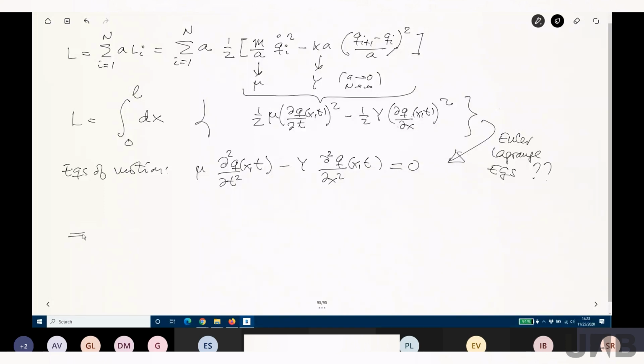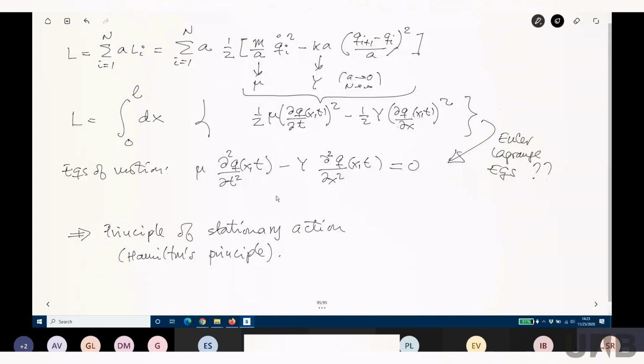And so that is going to be, again, the principle of a stationary action, known as Hamilton's principle. So that's Hamilton's principle, right?